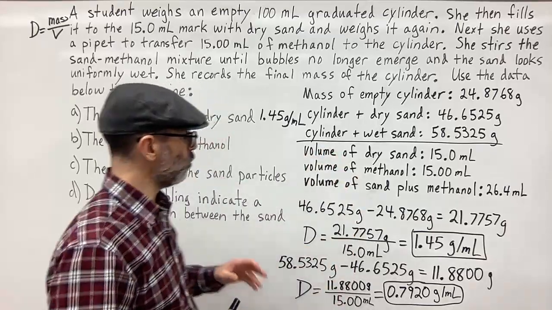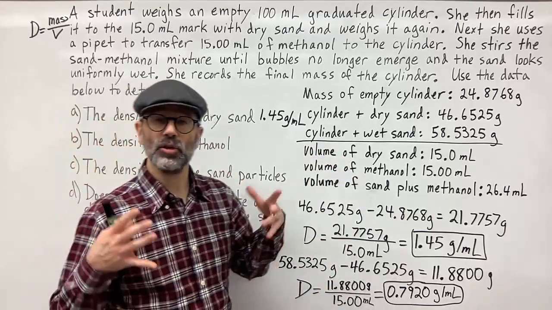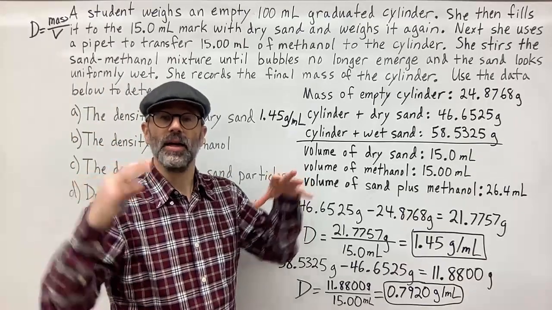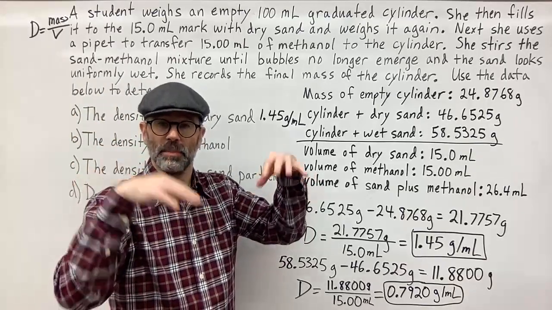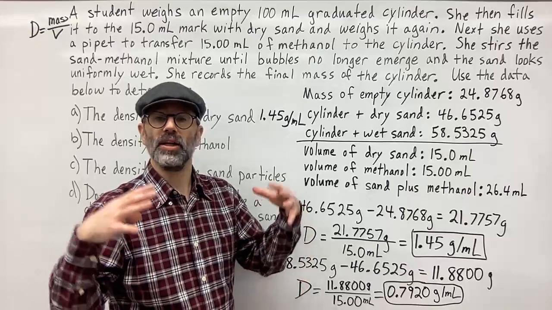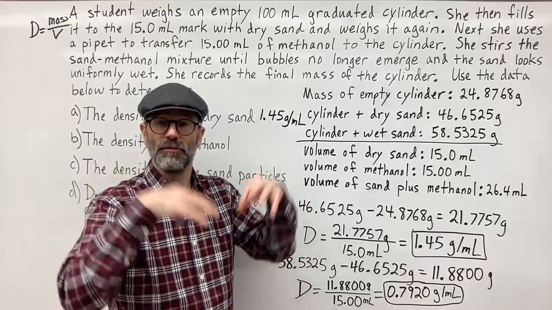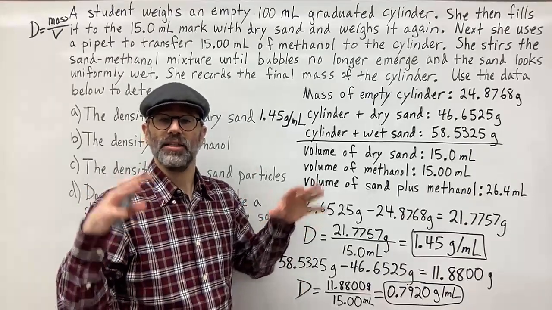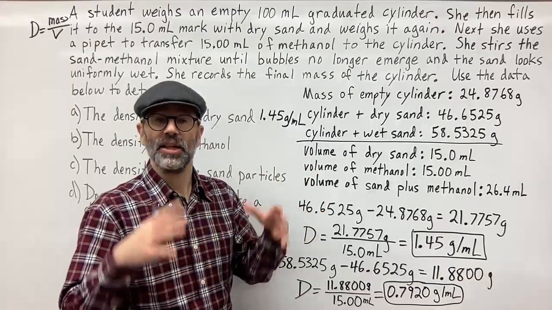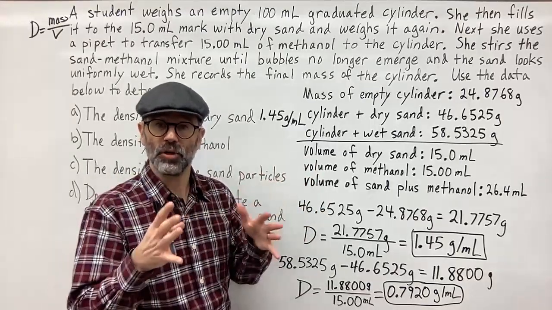So that methanol is going to occupy the space between the particles where the air was once filling up. So instead of air now filling those spaces, the methanol is now going to be filling up those spaces.